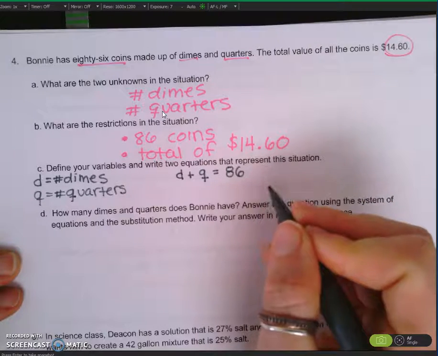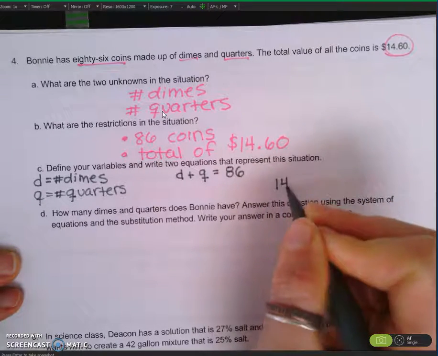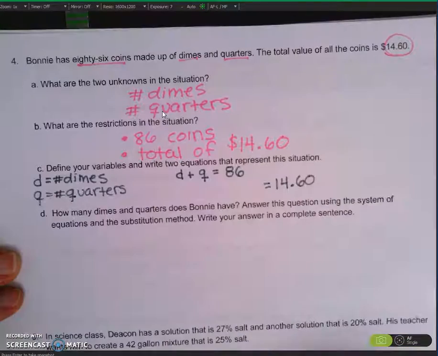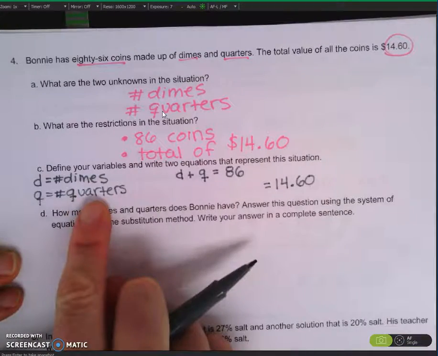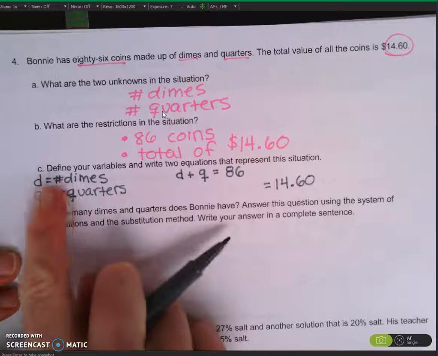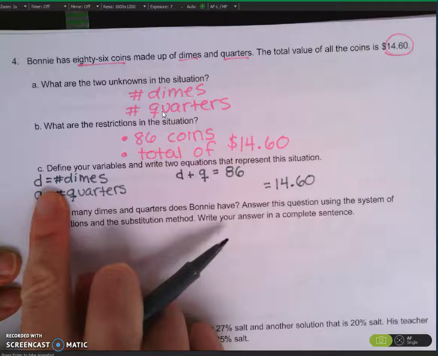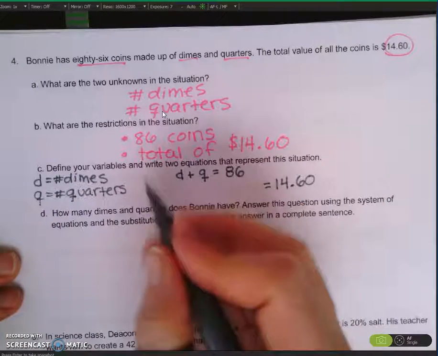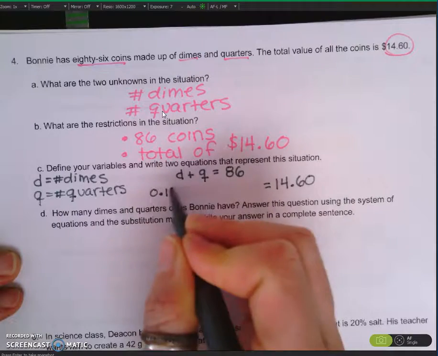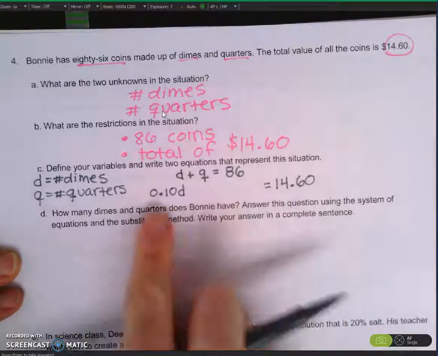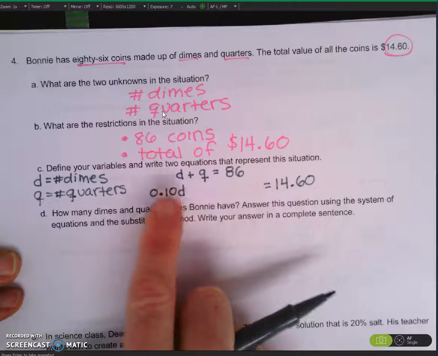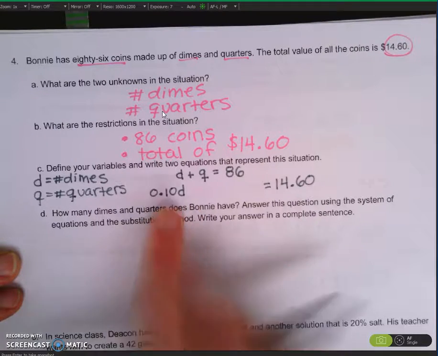The other restriction is I have a total of $14.60. Well, I know it's going to be equal to $14.60, and I only have dimes and quarters. Well, if I have D dimes, how much money do I have in dimes? How much is one dime worth? 0.10. So if I take the value of one dime times the number of dimes, I get how much money I have just in dimes.